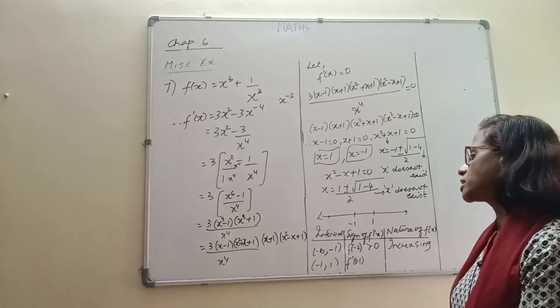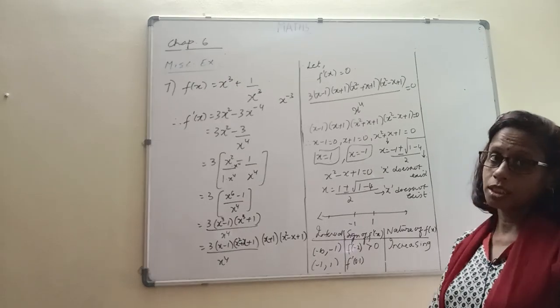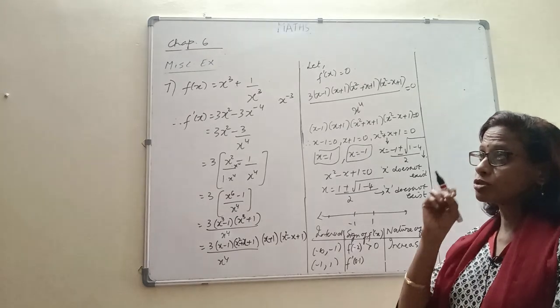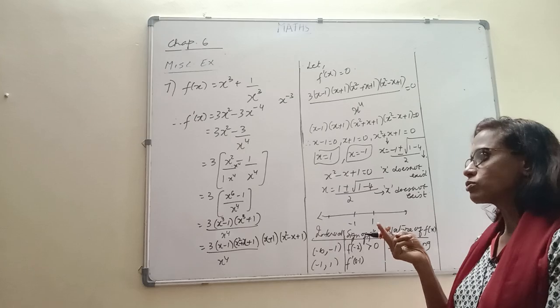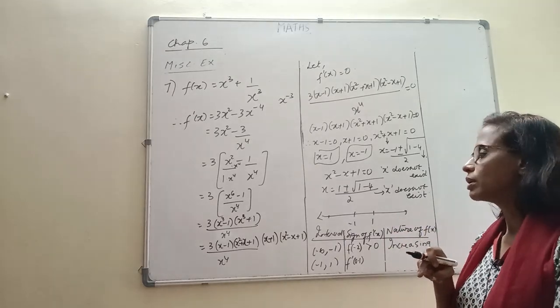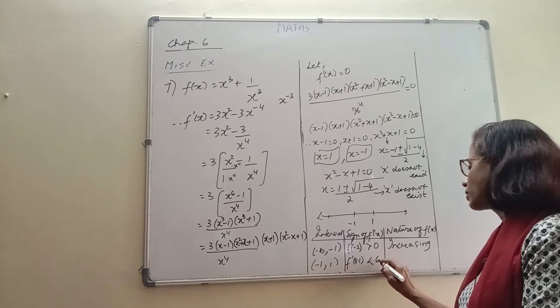Suppose you take f dash at 0.1, then 0.1 raised to 6 is going to be 0.000001. Then 1 minus 1, so obviously it's going to be a negative value, and here also 0.1 raised to 4 is a small value. It is going to be a negative value.